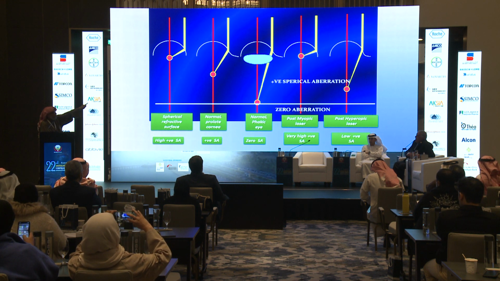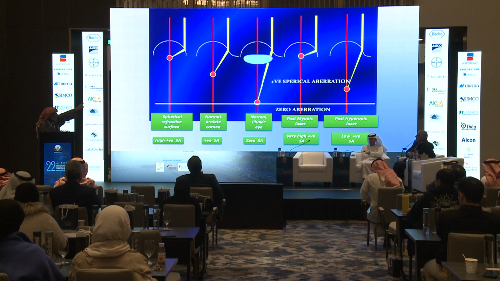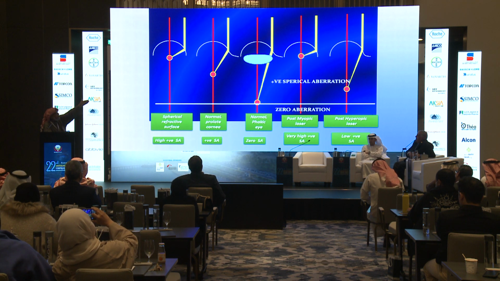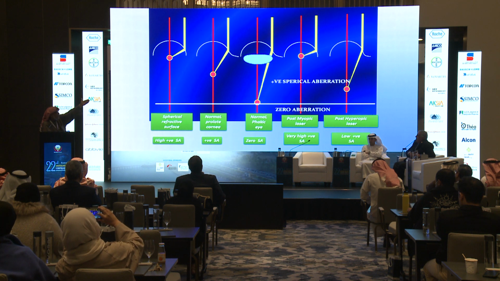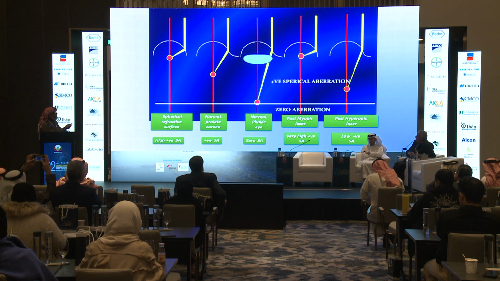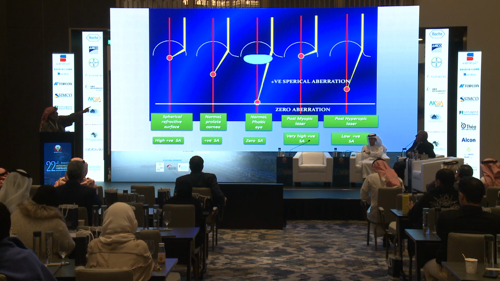But we have a cornea that is prolate, and the light goes down, so it is less positive spherical aberration. Once you have the lens there, the lens adds more, and it goes down to almost zero. It's not zero, it's 0.1. And then if we do myopic correction, it goes higher up. If we do hyperopic correction, it goes down.